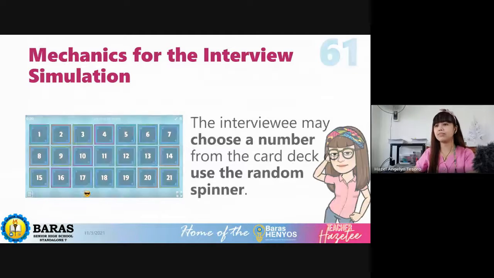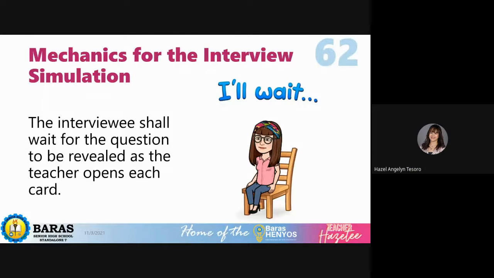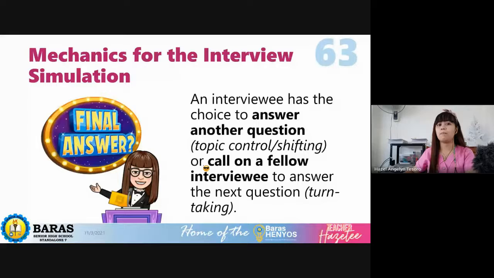Next up, of course, for the interview, we shall wait for the question to be revealed as the teacher opens each card. So while waiting for the question, prepare your answer, syempre, no? After answering the question, the interviewee has the choice to answer another question kung medyo nasasarapan pa siya mag-answer ng question.